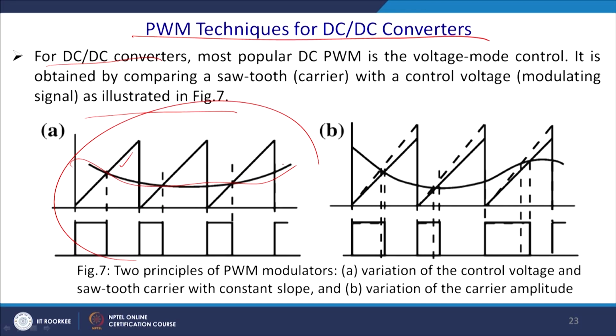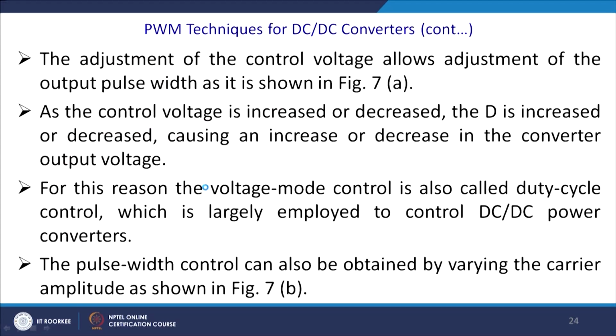Again here the error has increased, so you will change the duration of the switching. Another aspect is that you can also vary the carrier wave depending on the error. It is called the variation of the carrier wave amplitude, and that is also possible. Mostly we will use this pattern. This is a simplified version and easy to operate.